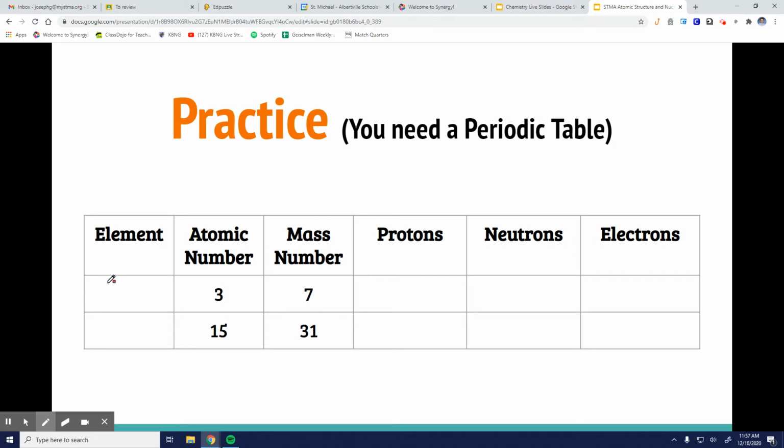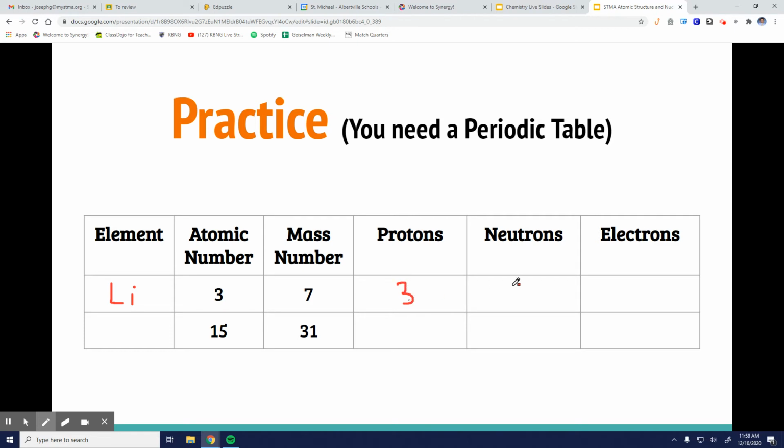So our first element here has an atomic number of 3. If we look at our periodic table, we're going to see that atomic number 3 is lithium. All right, so atomic number is also equal to the number of protons.